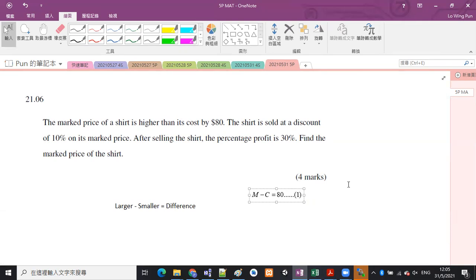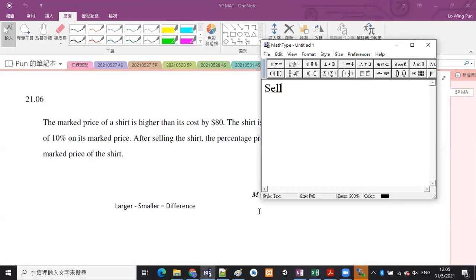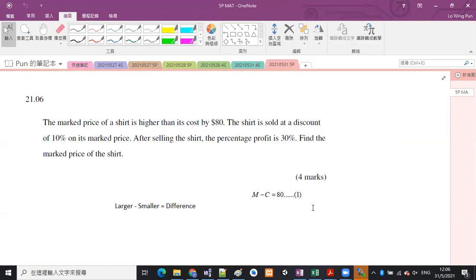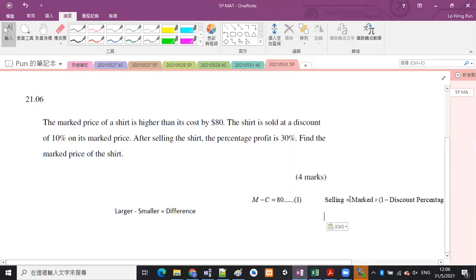Selling price. Yes, selling price is equal to market price times 1 minus discount percent or percentage discount. Right? We need to start like this or set up an equation like this. But we do not have any selling price, right?